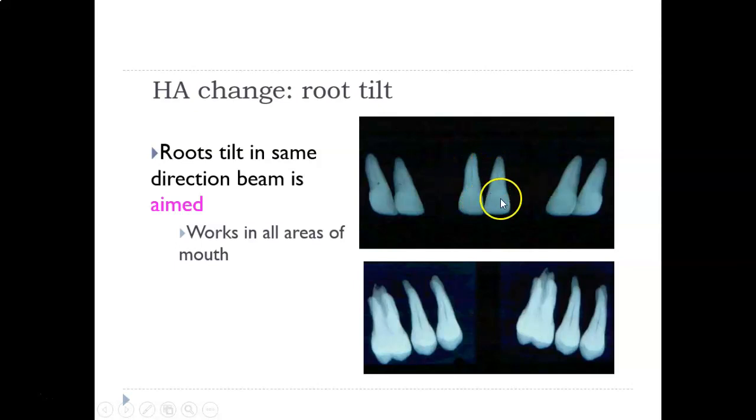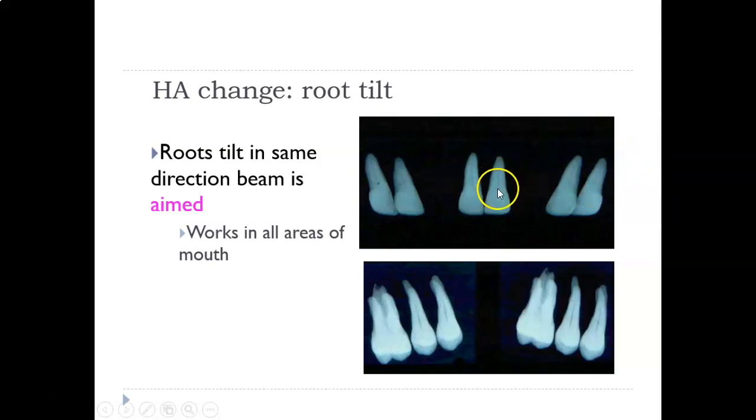But if the direction of the beam is being aimed toward the patient's left, because remember our right is the patient's left and vice versa, then if we're looking at the monitor, the roots are going to be tilted to the right.